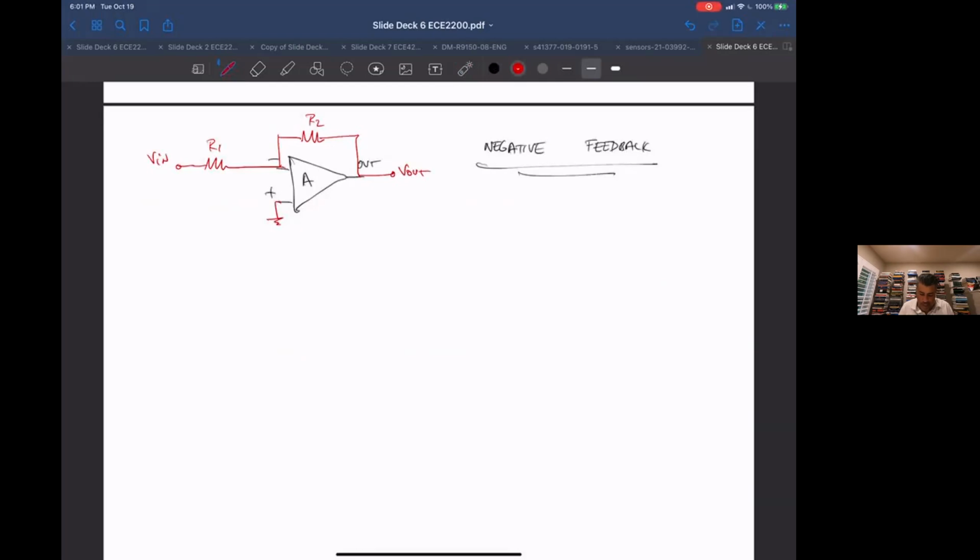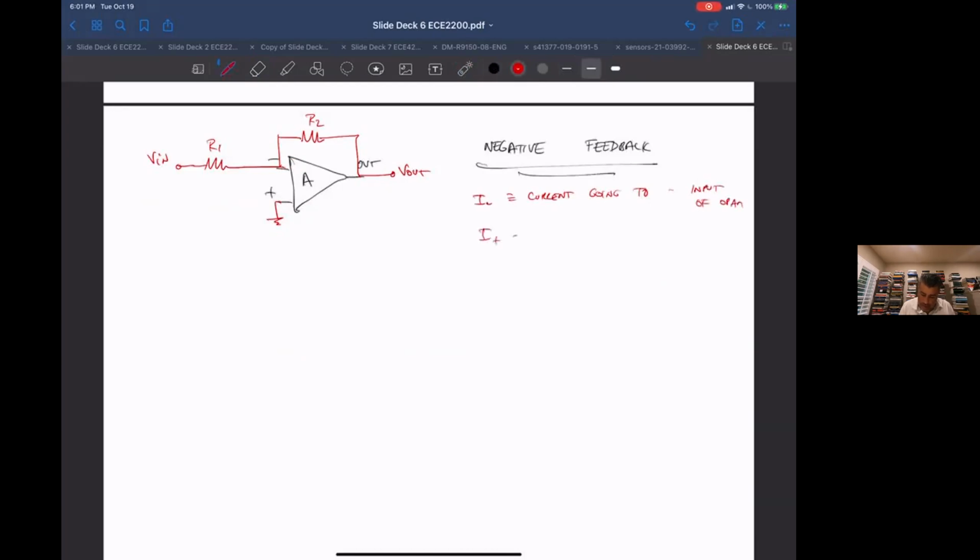Now, let me tell you a few things about this op amp. One thing is the current. I'm going to call the current going into this negative node I minus, so this is current going to the negative input of the op amp.